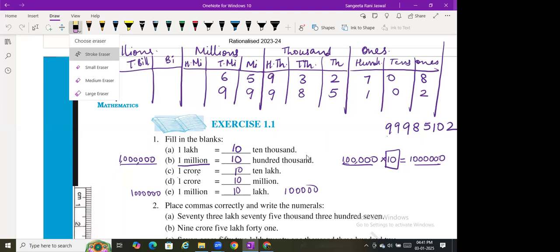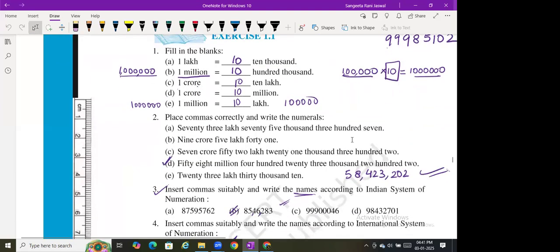Now place commas correctly and write the numerals. Now please write down for this 73 lakhs 75,307. Please put commas and write the numeral. I'll ask each one of you one by one.